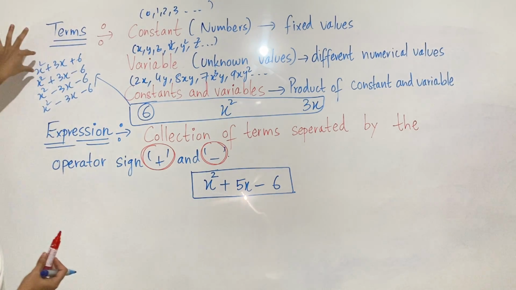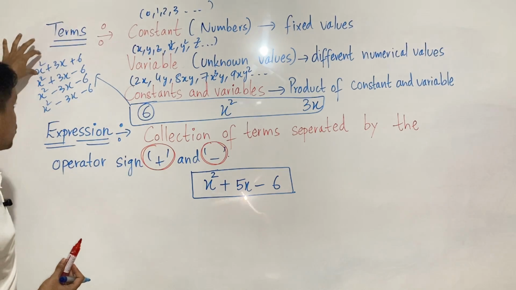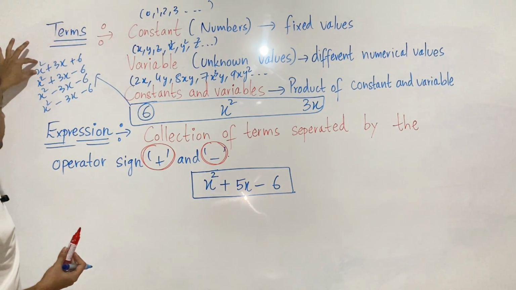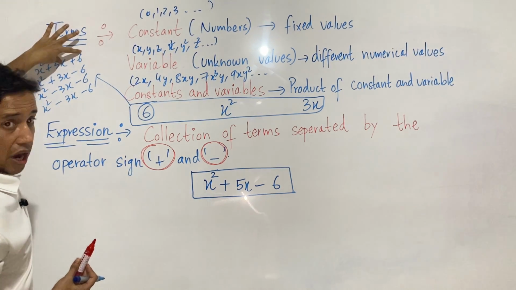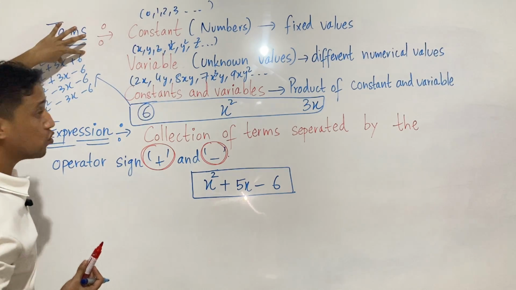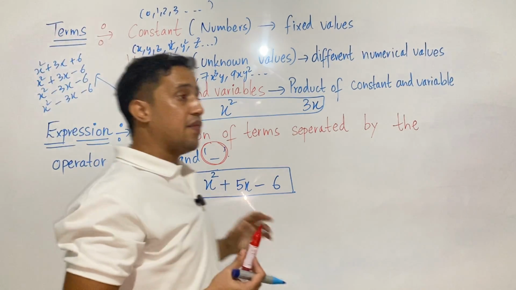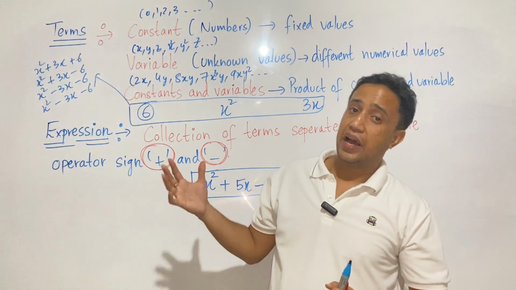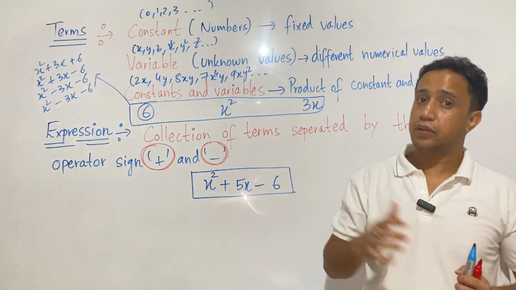So that's why here I started with the highest power, and as we move further, the power decreased by 1, and when we go to the next term here, we have constant. So the expression is a very simple thing. It's a collection of algebraic terms separated by the operator sign plus and minus.